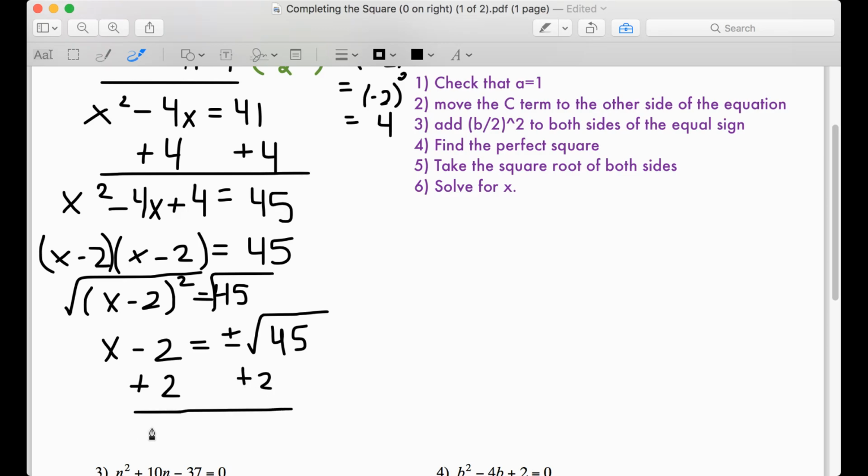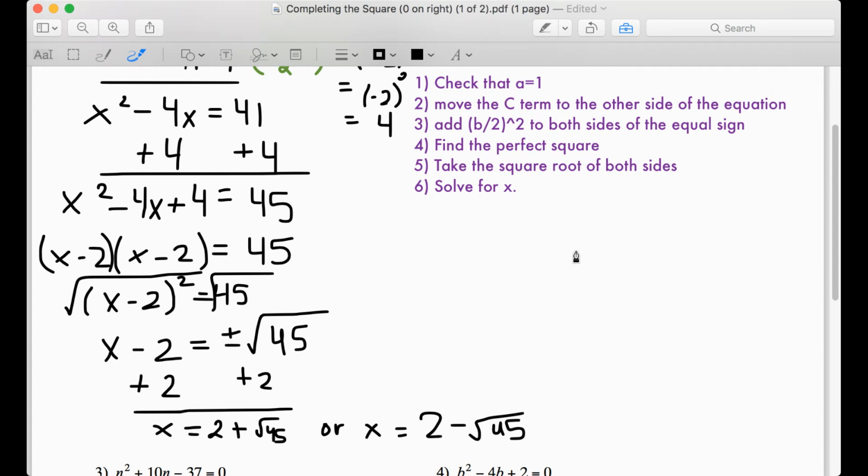And so x either equals 2 plus radical 45, or x equals 2 minus radical 45. And I can simplify radical 45.